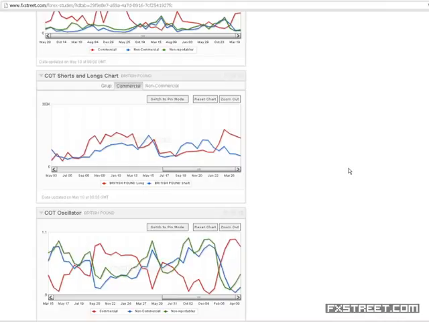There are entire books written about it. So there is really a domain by itself where you can extract a lot of information, and even strategies are based on CoT data. So for those interested, this may be a way to start looking at the data.